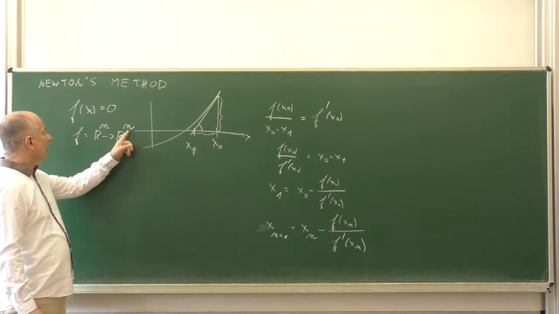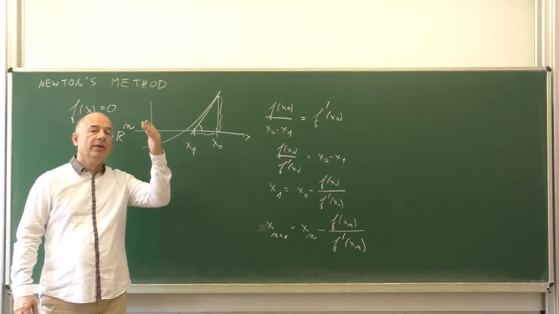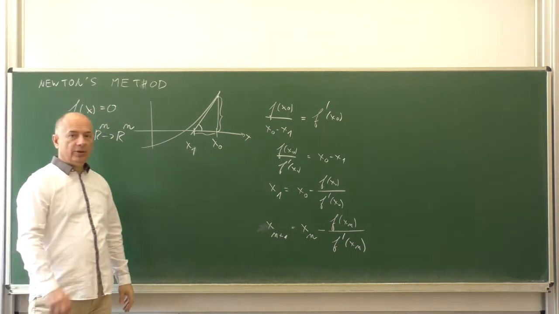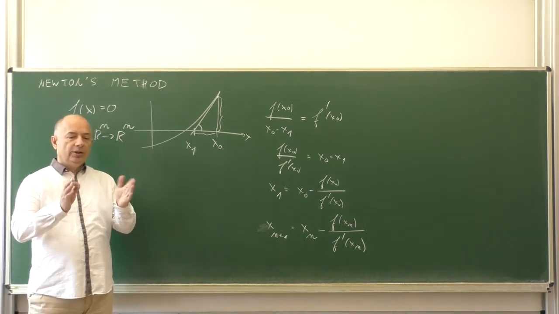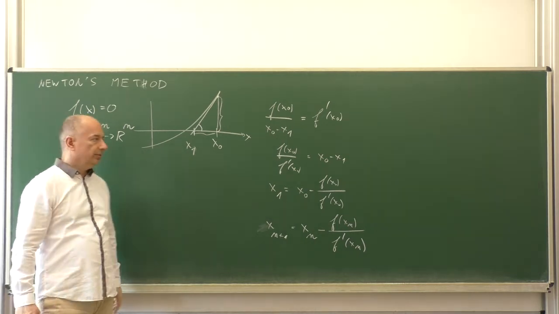And that means that f has n components of the result. Actually, we have n different functions. That means we have n equations. So n equations for n unknowns. This is important. It must be a square system, the same number of equations as the number of unknowns.